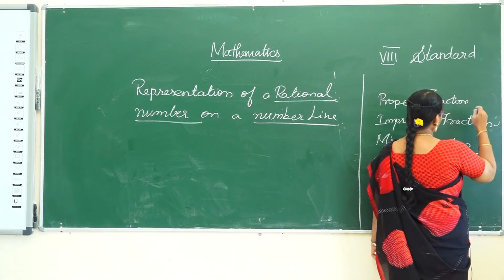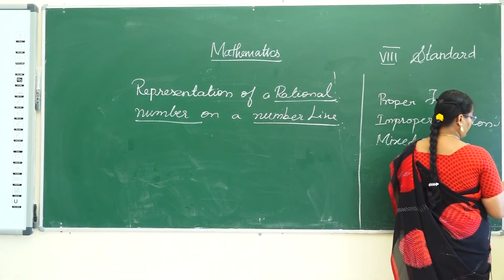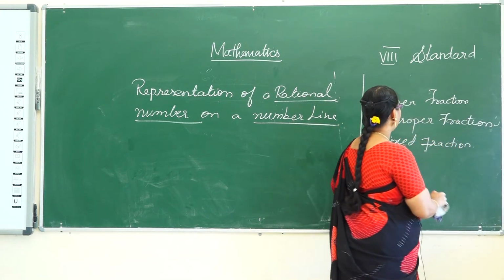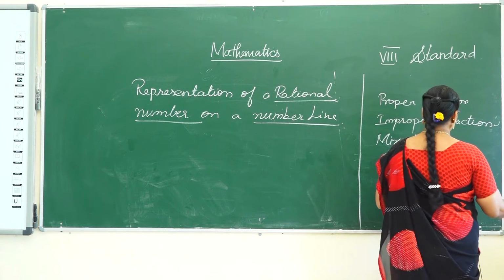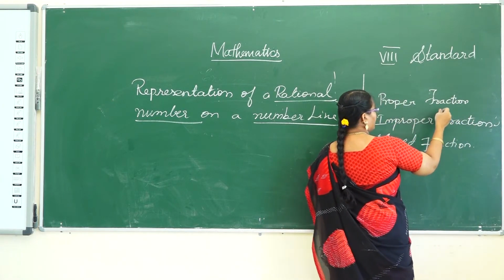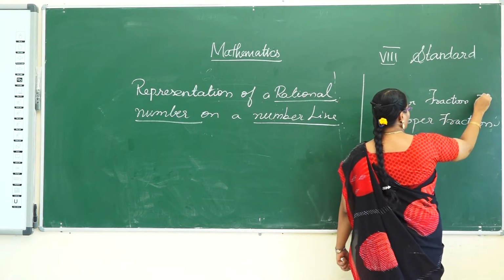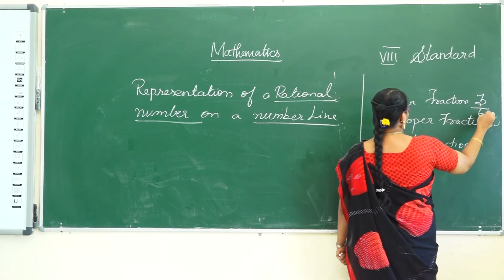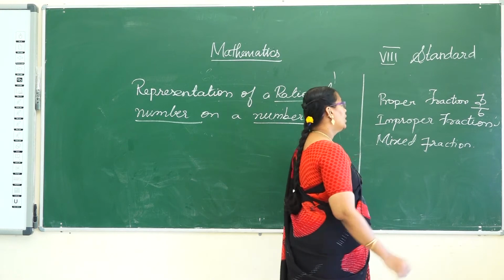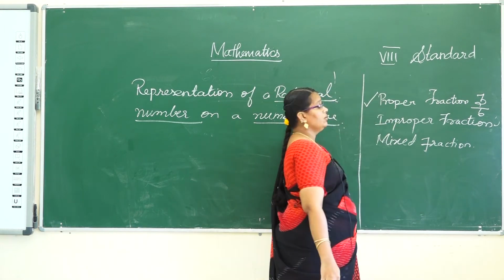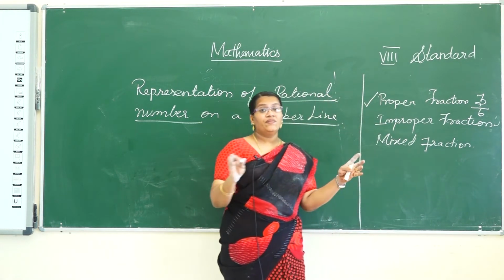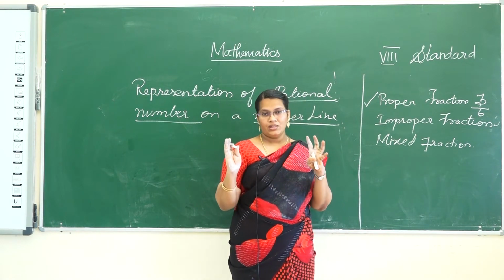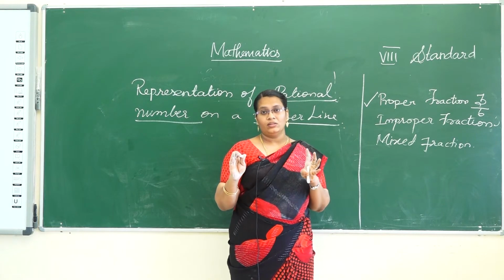First of all, listen. For example, for a proper fraction, let us consider 3 by 6 as one proper fraction. Every proper fraction lies between 0 and 1, in the interval 0 and 1.